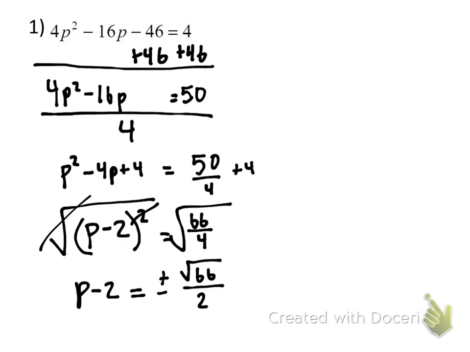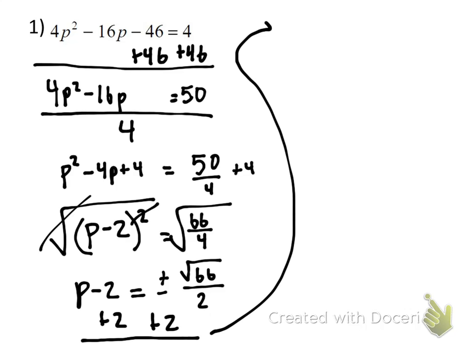Continuing on, we're going to add 2 to both sides. I'm going to move it up to the top here because we ran out of space. It's going to be p is equal to 2 plus or minus the square root of 66 over 2.